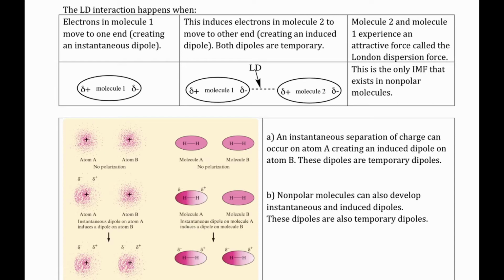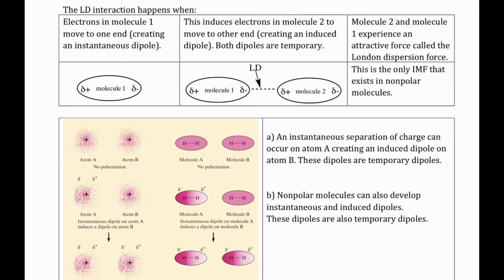Molecule 1 is nonpolar, and its electrons normally would be rather equally distributed, but they slosh about, and for some reason they're spending more time on the right end of the molecule than the left. That gives the right end a partial negative charge. Now, it's instantaneous. It exists for a moment, then it goes away.